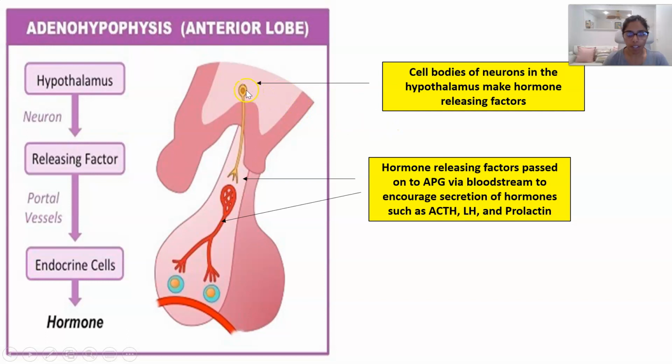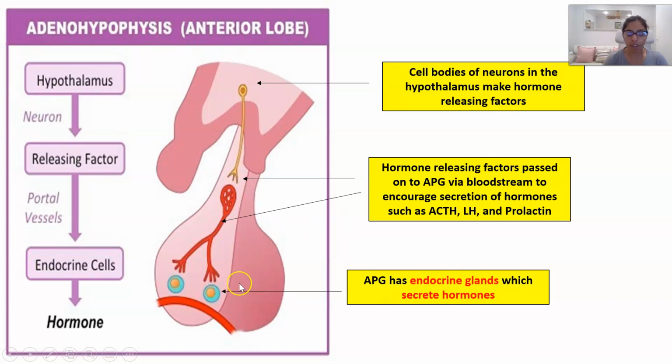The hormone is stimulated to be released by these releasing factors passing down this neuron and being released into that endocrine tissue in the APG. And it will encourage the secretion of hormones such as adrenocorticotropic hormone, or whichever one specifically needs to be released.